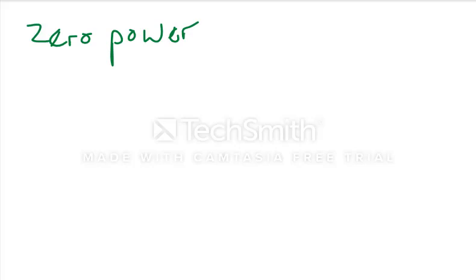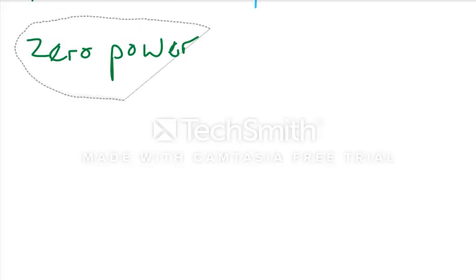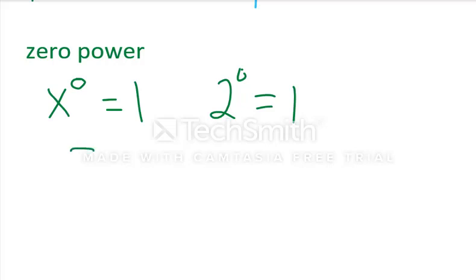When we look at something that is to the 0 power, for example, x to the 0 power, that is going to equal 1. 2 to the 0 power is equal to 1. 5 to the 0 power is equal to 1.